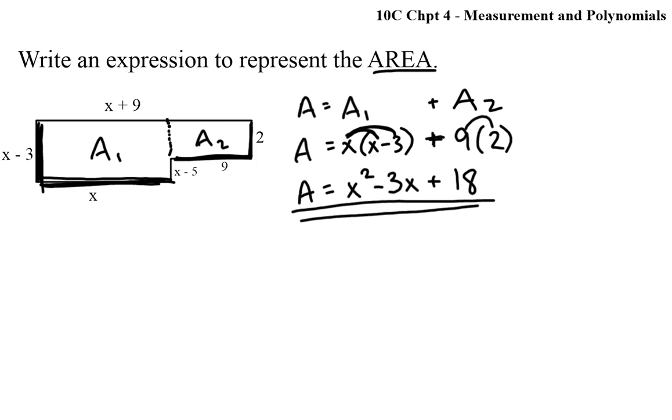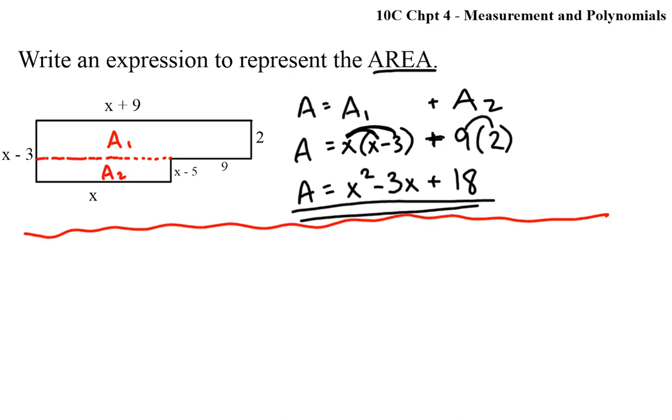Now, some people might not see it that way. There's more than one way to approach a lot of these questions. Some people might see it as two big long rectangles. Area 1, area 2. Well, we haven't changed the amount of the total area, we've just changed how to approach it. So again, the area would be area 1 plus area 2.